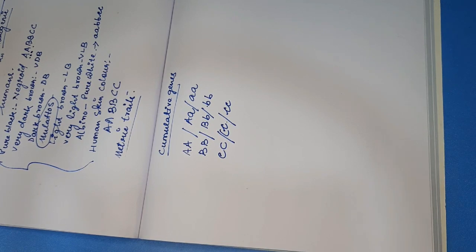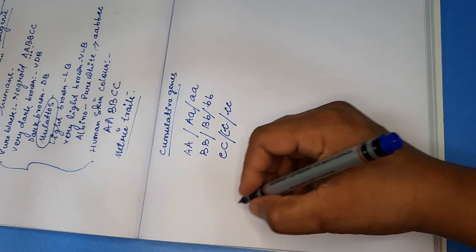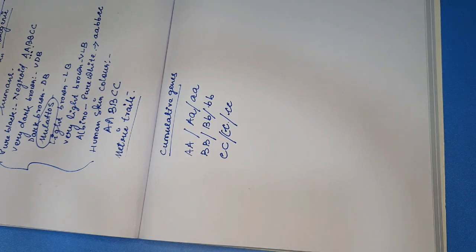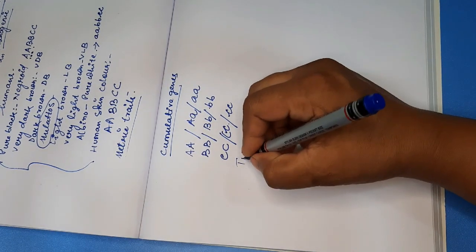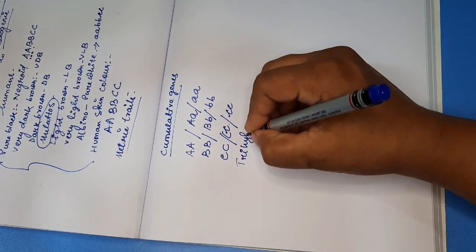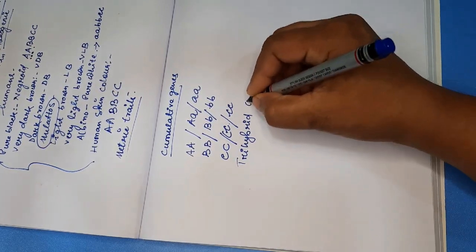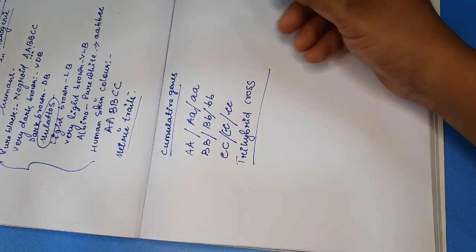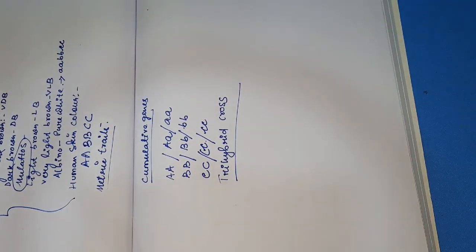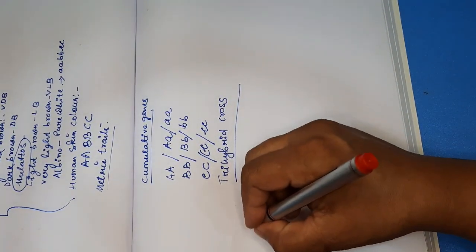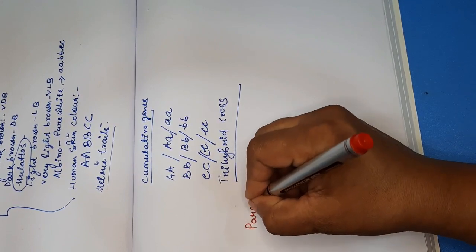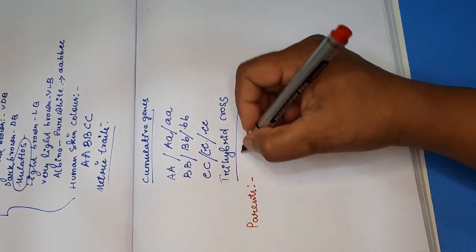So now, having said this, let us try to work out a cross. I will be starting the cross, and because it consists of 3 pairs of genes, we will name it a tri-hybrid cross. I hope this is visible to all of you. In a tri-hybrid cross, the parents will be on one extreme.